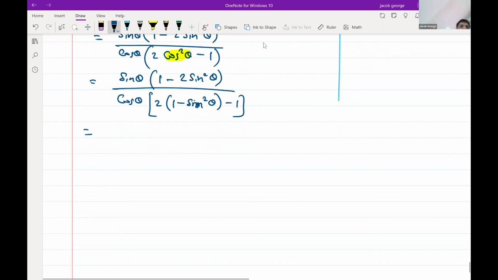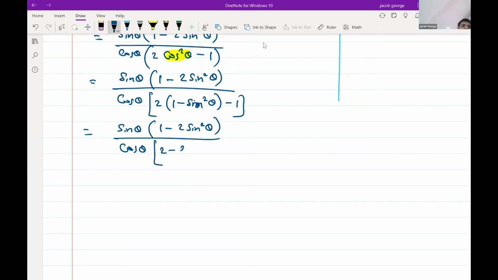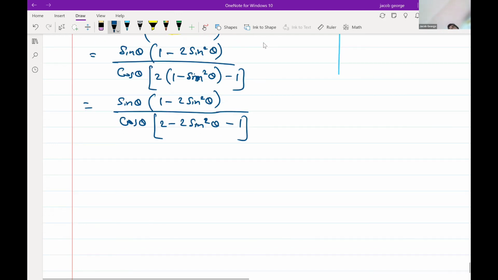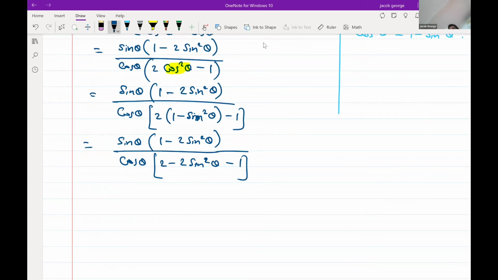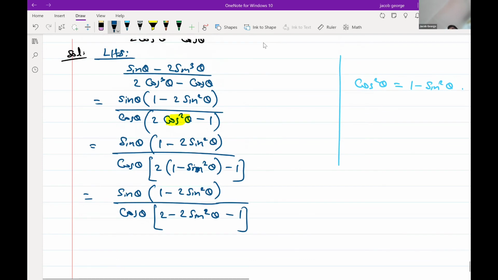So this will be sin theta into 1 minus 2 sin square theta upon cos theta into 2 minus 2 sin square theta minus 1. We can replace one of them, either sin square theta or cos square theta. I replaced cos square theta by 1 minus sin square theta using the first identity.